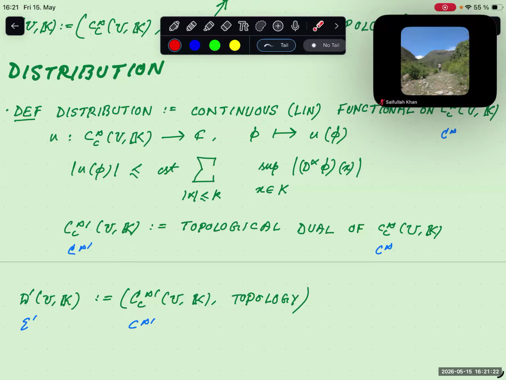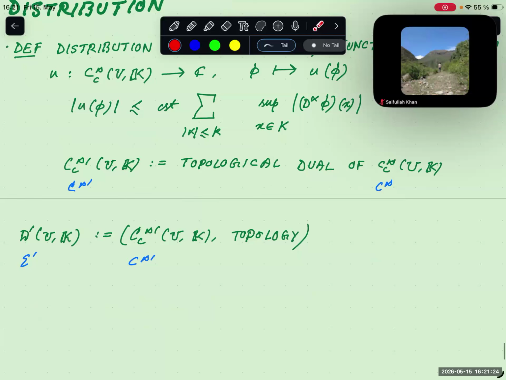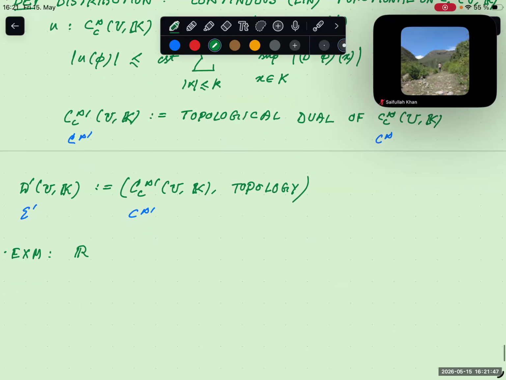Let's see how it satisfies this property. So, our favorite example. Now we consider just R for simplicity, so whole R. Let me recall the definition of Dirac delta.